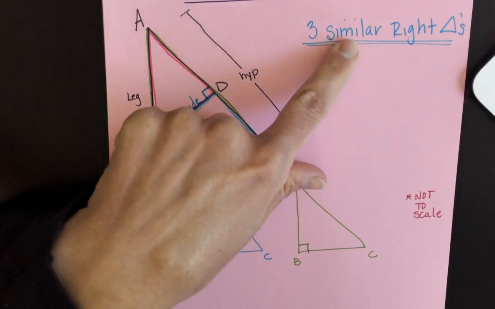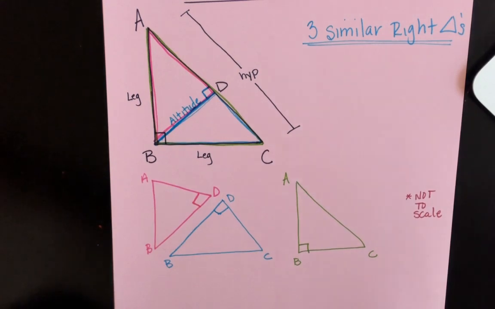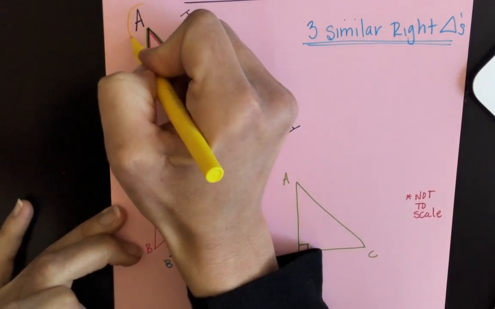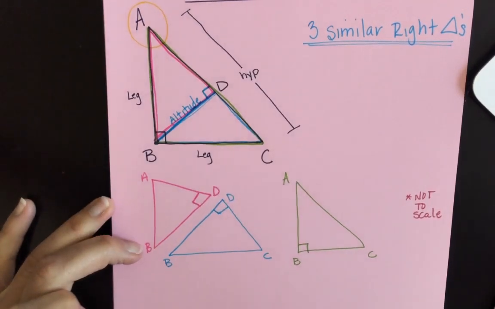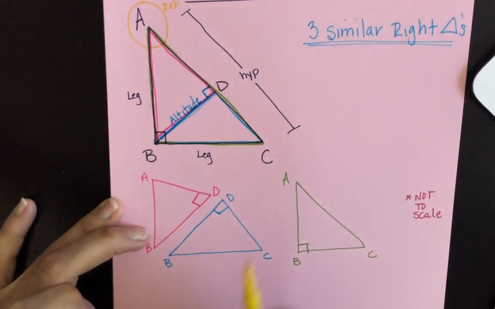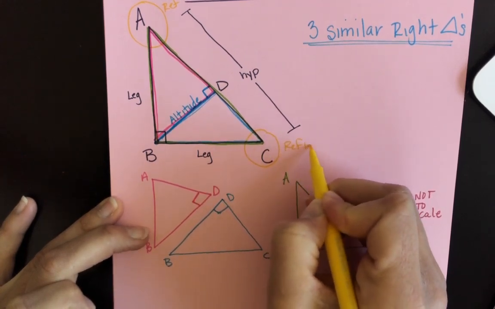So we do have that they're similar. We have our right angles, but the one thing that we need to make sure is that we also look at this guy right here, which is reflexive. And this guy right here is reflexive.